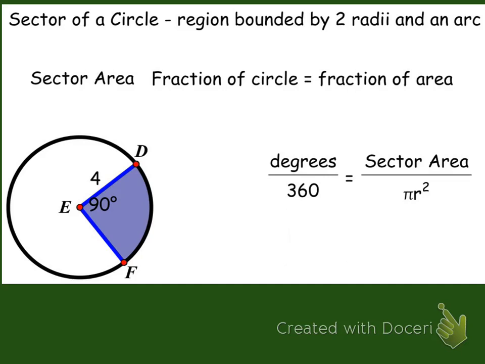So the same thing goes for a sector of a circle. It's just a portion of the circle. Okay, so it's defined by the region bounded by two radii and an arc. So if you look down here in this example, here's a radius, here's a radius, here's an arc. So everything in this shaded area here is my sector.